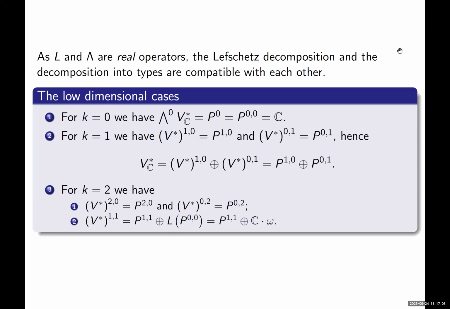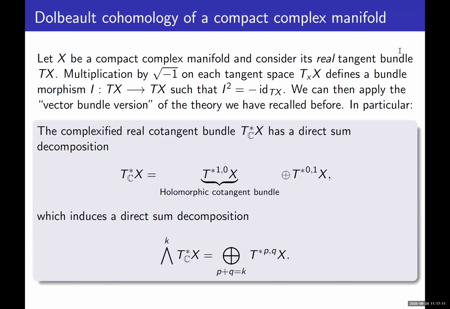As usual, now we have something which is on a vector space. To have the corresponding picture in geometry, we try to use vector bundles. So what we can do, if we have a compact complex manifold, is look at its real tangent bundle, and the multiplication by minus 1 on each fiber, so on each tangent space, defines an almost complex structure, and all these almost complex structures glue together to give a vector bundle morphism whose square is minus the identity.